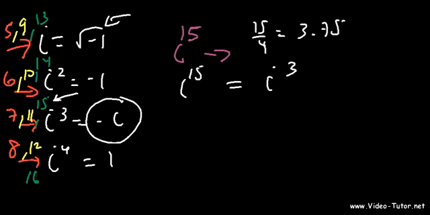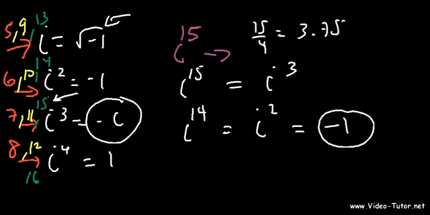Let's say you want to find out what i to the 14th is. How many times does 4 go into 14? 4 goes into 14 at least 3 times, because 4 times 3 is 12. And 14 minus 12 is 2, so your remainder is 2. So i to the 14th is the same as i squared, which is -1.